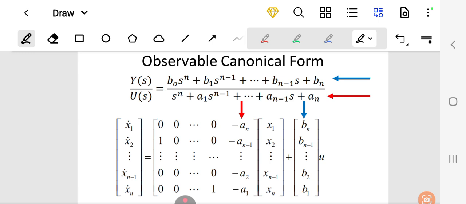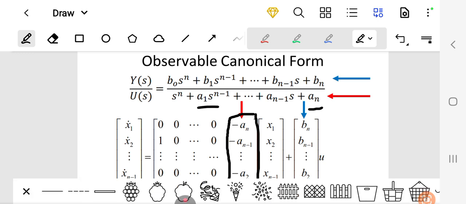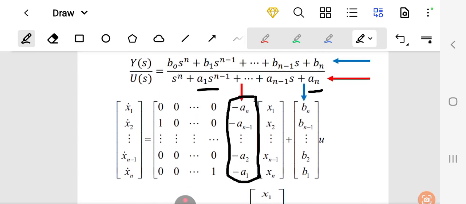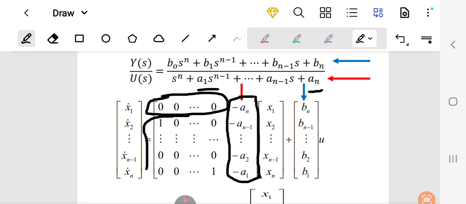The last column in the A matrix will be the coefficients of the denominator with opposite sign from right to left, from an until a1, negative an minus 1 until a1. The remaining of the first row will be zeros, and the remaining part of the matrix will be an identity matrix.